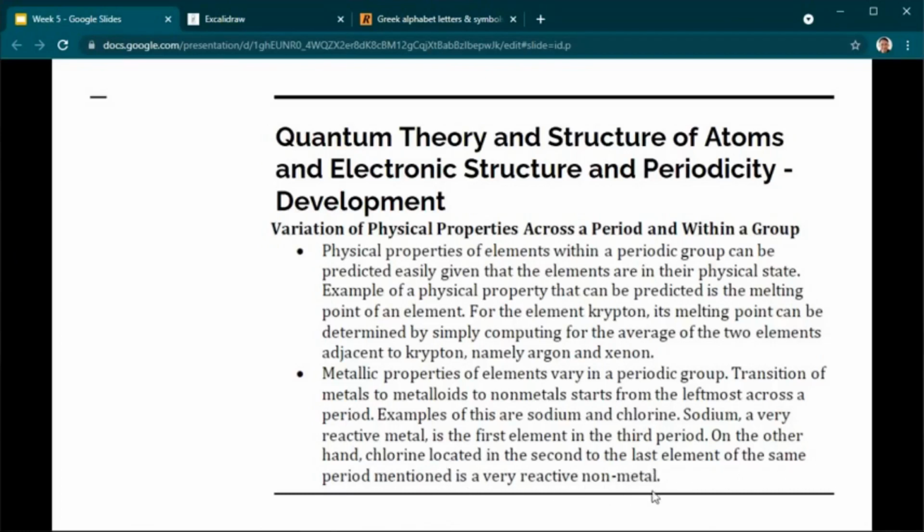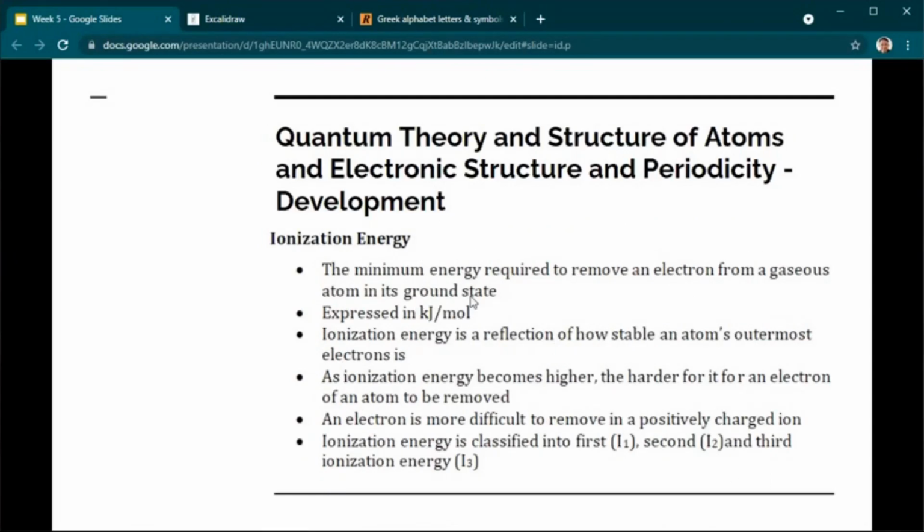So next we have the ionization energy. So again, this is still related to ions. This is the minimum energy required to remove an electron from a gaseous atom in its ground state. It is expressed in kilojoules per mole. Ionization energy is a reflection of how stable an atom's outermost electrons are.